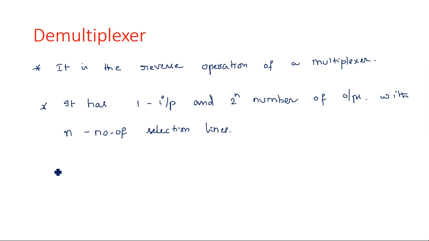It is also known as a data distributor, whereas the multiplexer has the other name called data selector.